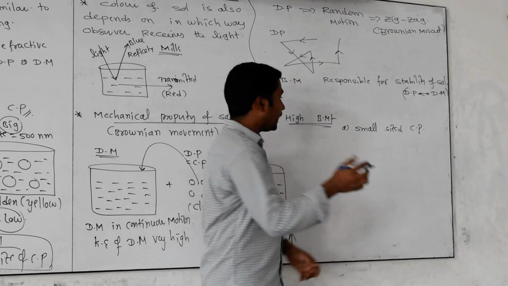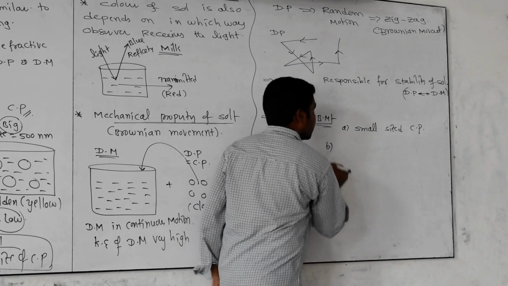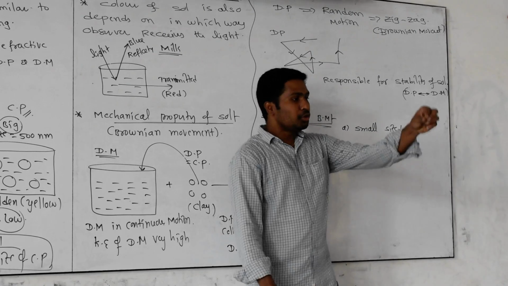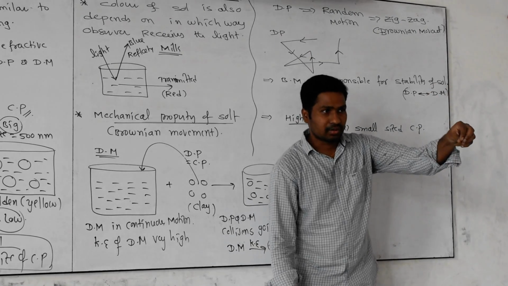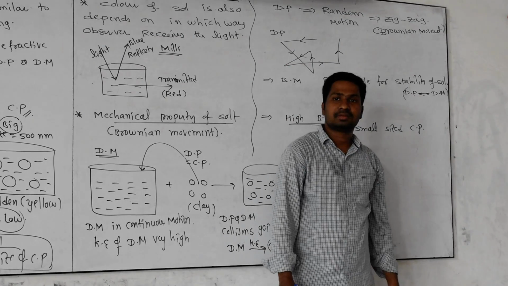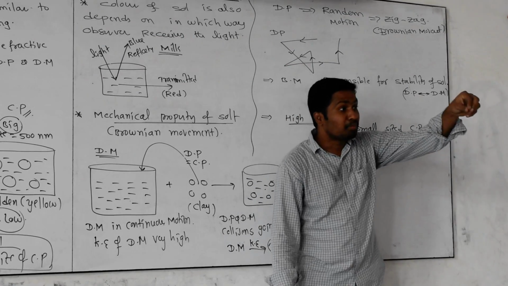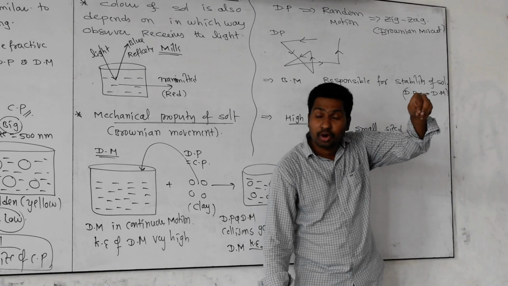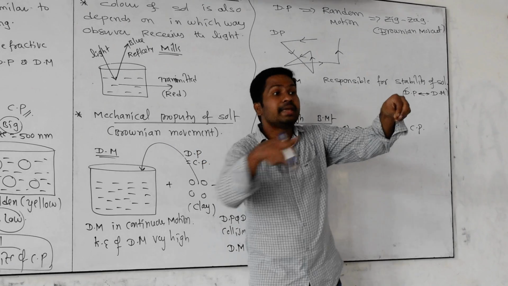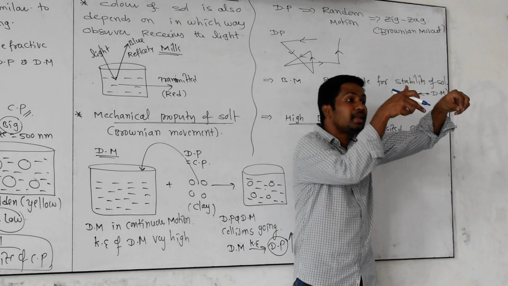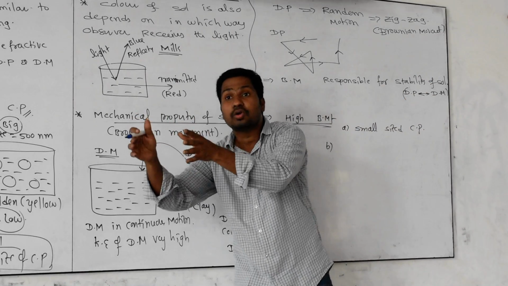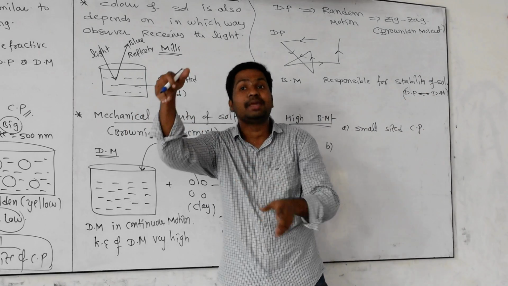And what is the other factor, with respect to the viscosity of the dispersion medium? You take clay particles in water, and the same clay particles in oil. What happens? Yes, the momentum of the clay particle in water will be more than in oil. Why? The viscosity of water is lesser, so momentum will be high. But oil viscosity is more, so the momentum of clay particles in it will be less.